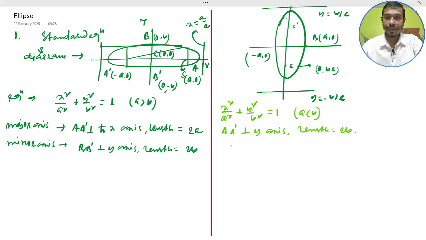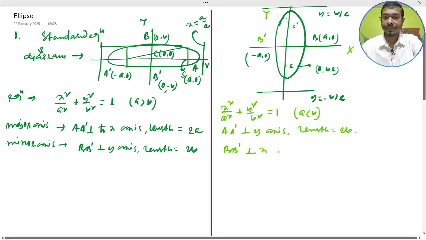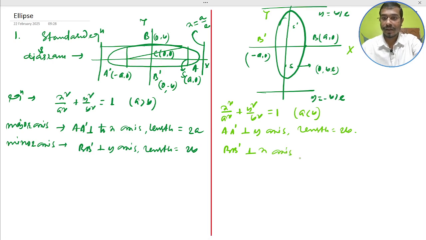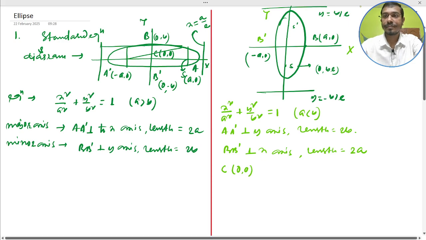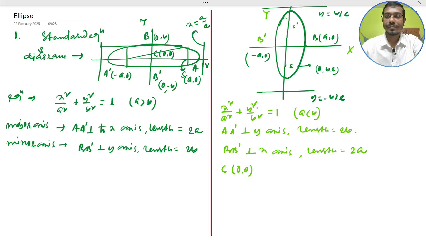Here B B' is perpendicular to the x axis. Basically this is x and that is y, x axis, and the length here is 2a. Next, the center. Here the center is (0, 0), same. Here the center is also (0, 0).